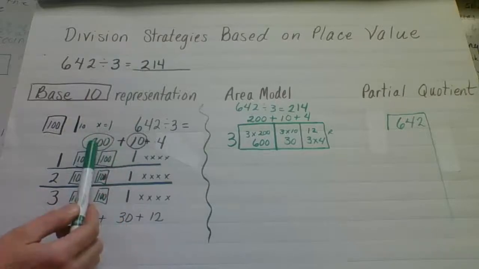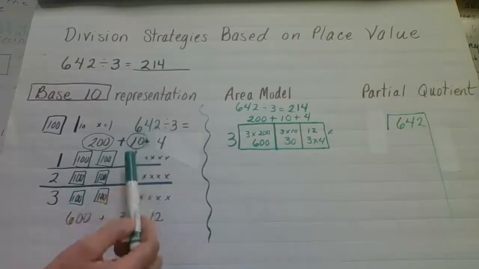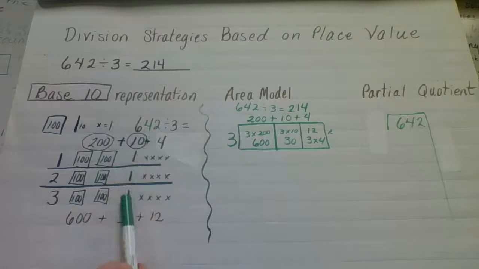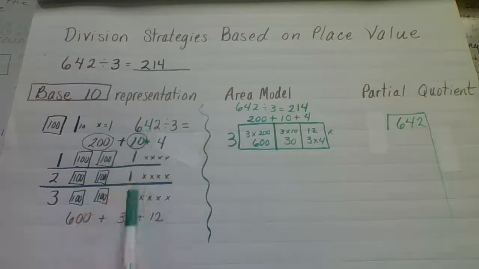Once I've taken care of my 600, I still have 42 left. And in 42, there are 4 tens, so I can place 1 ten in each of the groups. That uses up 30 of those 40. And then the remaining 10, I have to break up and share in the ones place. So that's the remaining 12 right there.